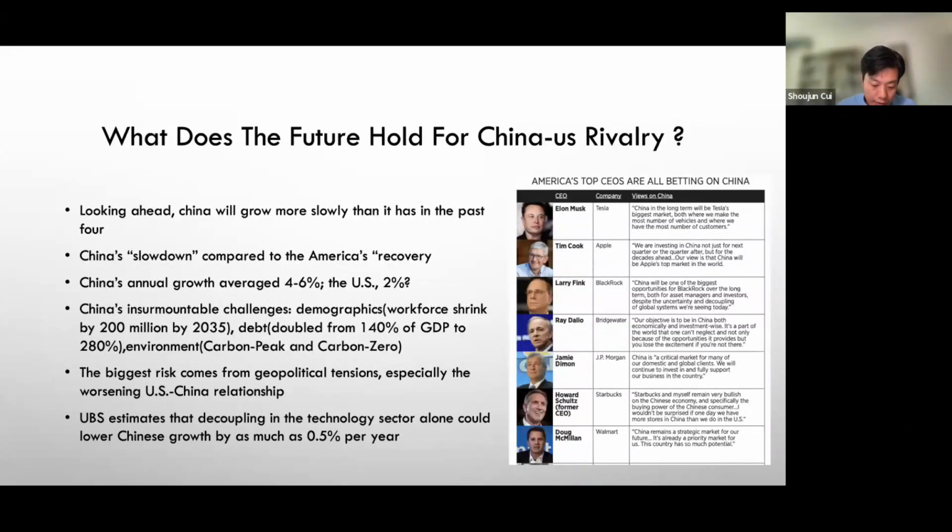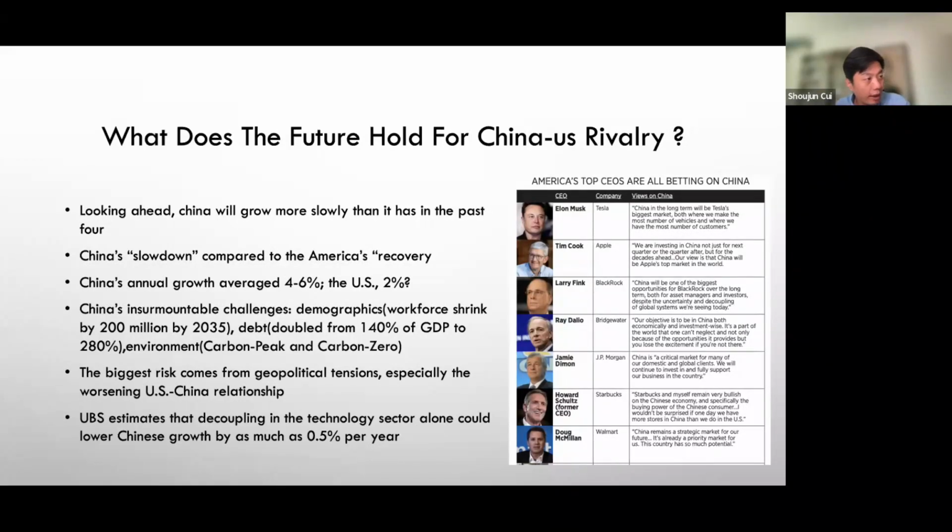That means China's GDP growth rate will double the U.S. growth rate. That makes it possible for China to surpass the U.S. economic size.